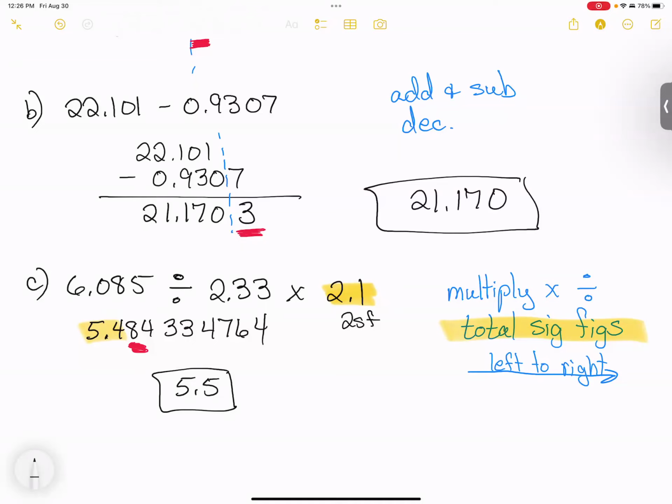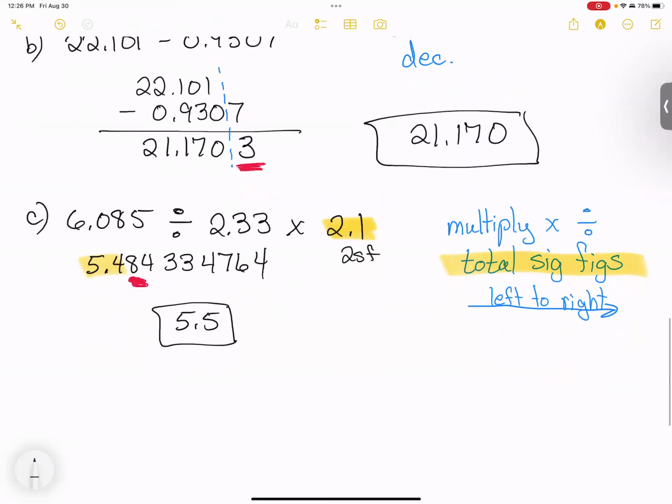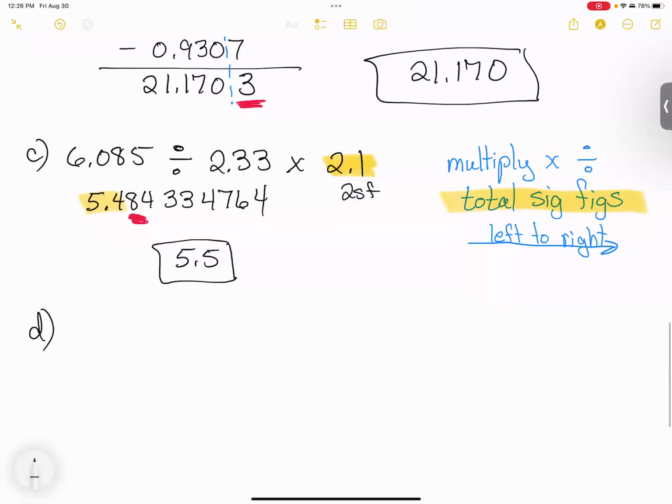Let's look at another example. With this one, I'm going to introduce another thing with your calculator, if you have it. If you don't, I will write it out so that you can go back and do it.